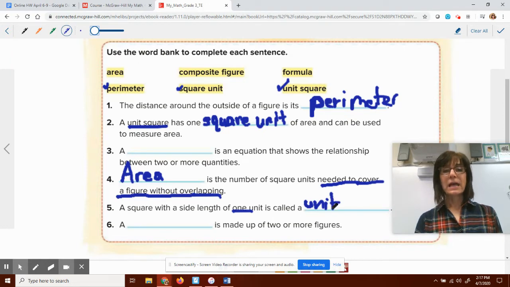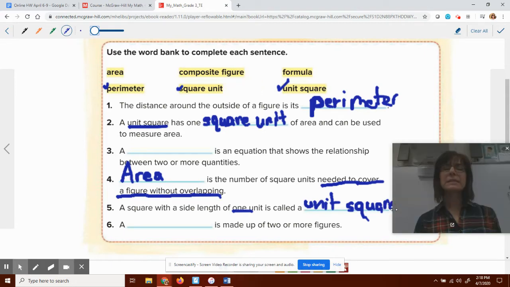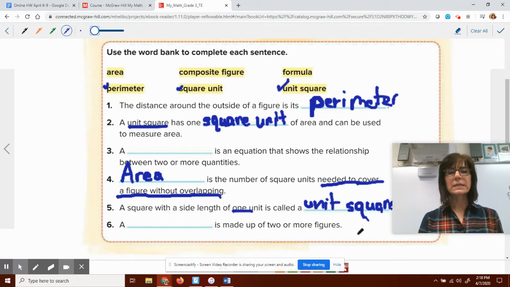Number 6, a blank is made up of 2 or more figures. So 2 or more figures. This kind of would remind you of when we did the rectangles or the squares, and we had the lesson where we needed to measure an area of one, an area of the other.